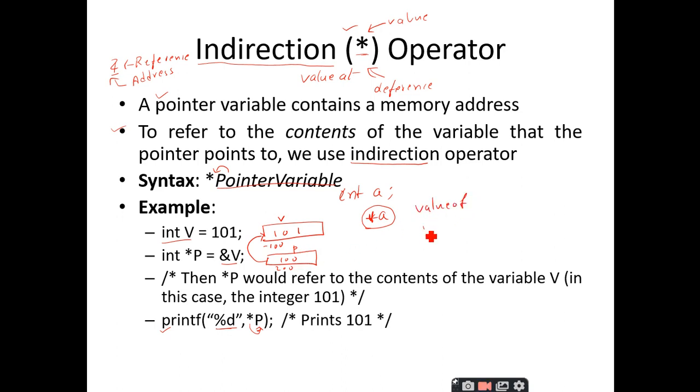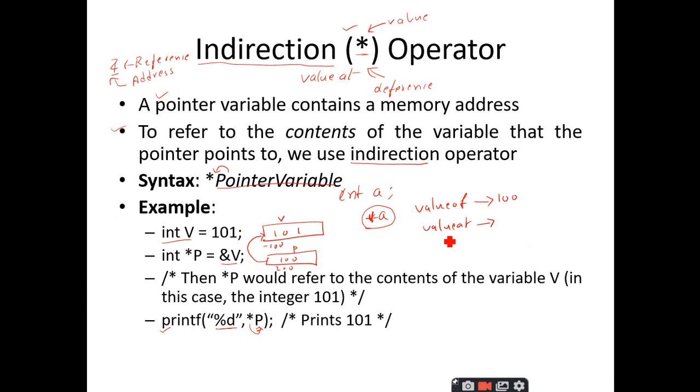Value of p means the value present inside p, so the answer is 100. But value at p means the value pointed to by this pointer. P is pointing to location 100. What is the value at 100? That is the meaning of value at, which is why we can also call this star the value at operator for our convenience.